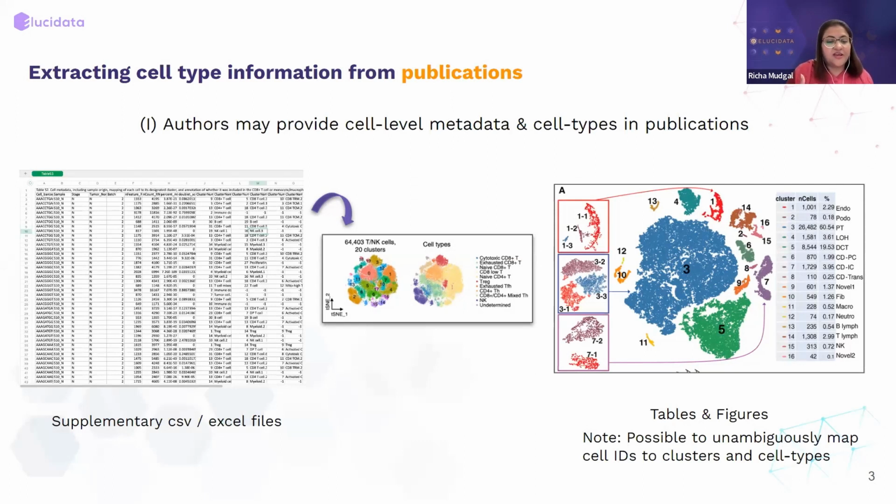Initially, when we started isolating cells, put them in reaction chambers and labeled them with barcodes, it seemed like it would be easier to identify these cell types, but more often than not, it is not very easy. What I want to share with the audience today is that there is a spectrum of information available in the publications that helps us in cell type annotation.